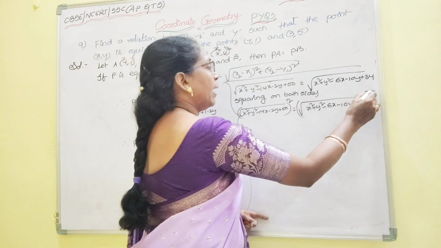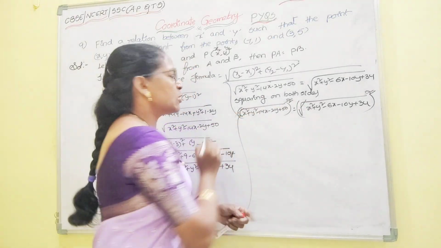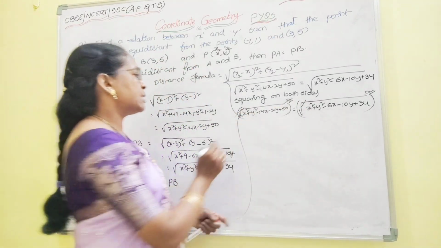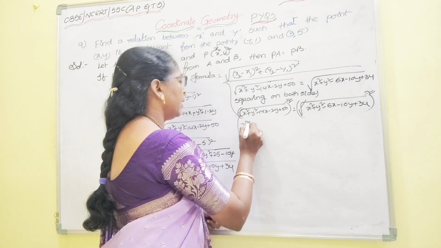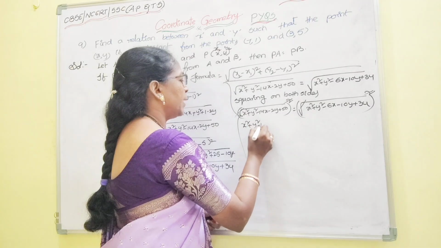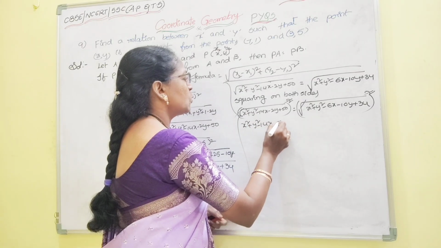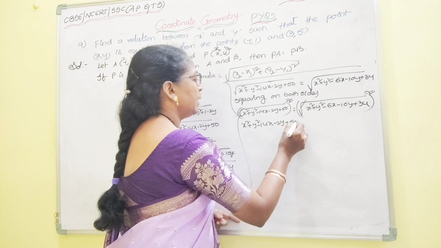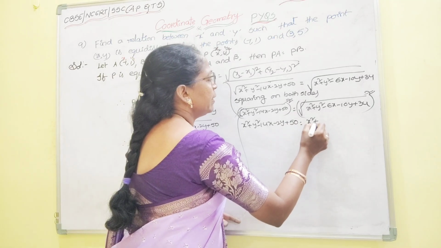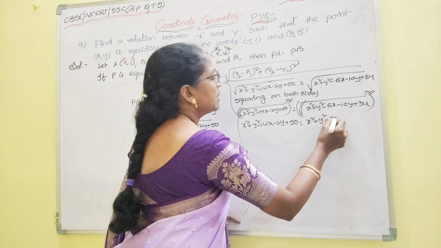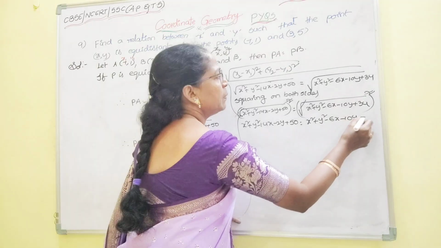Now square and square root will cancel, here also square and square root will cancel. So x square plus y square minus 14x minus 2y plus 50 equals x square plus y square minus 6x minus 10y plus 34.